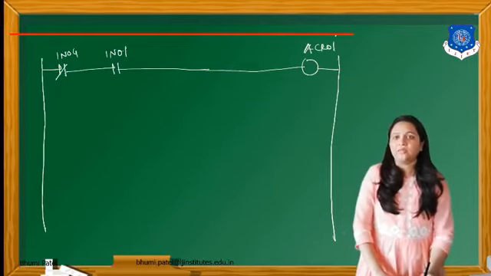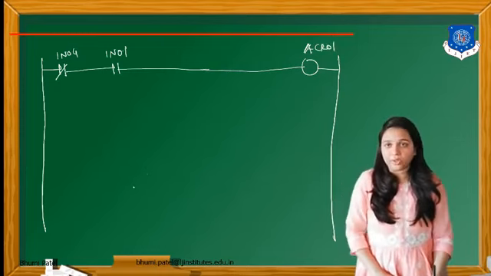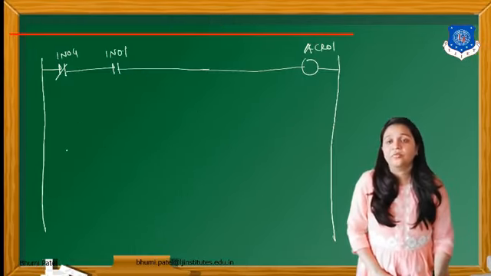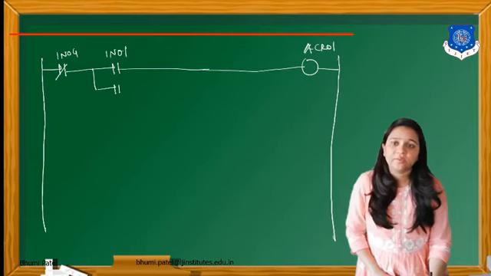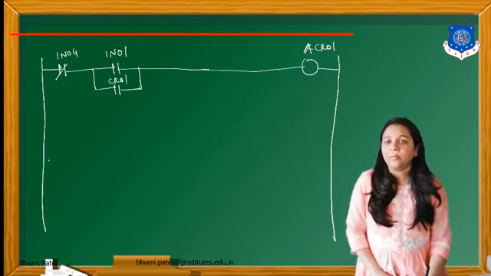Whenever the input signal or the switch is on, machine A will be on. Now, for the safety that we studied in the last program, we can put the output coil in parallel with the input signal. The same logic will be applied for machine B.